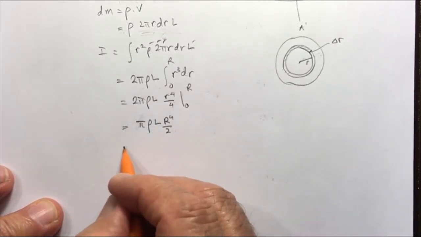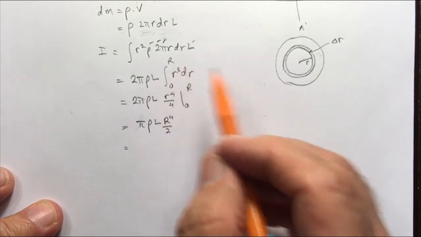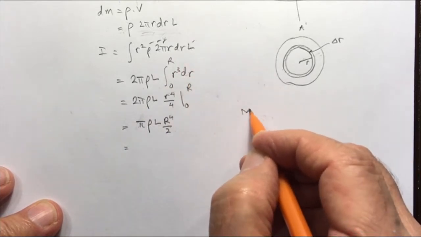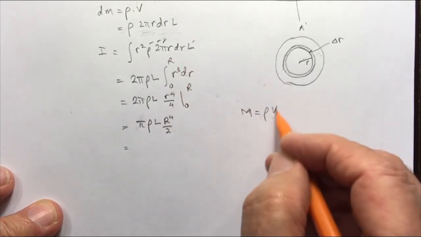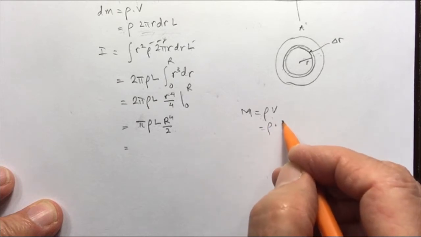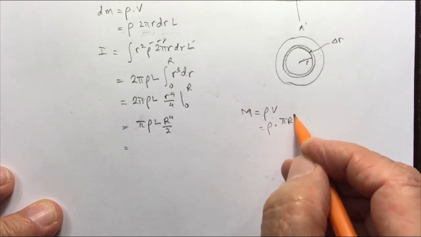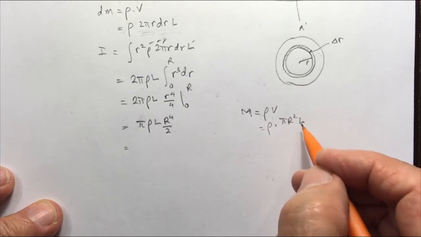Now we can pick up some things. If you want to find the mass of the whole cylinder, it's going to be rho times the volume of the whole cylinder, which is pi r squared L. That's the volume of the cylinder.